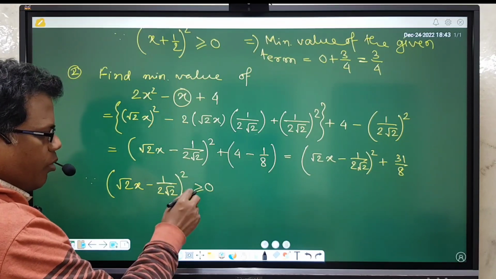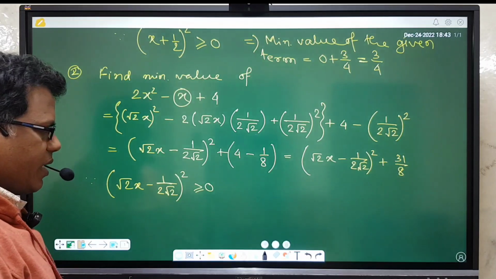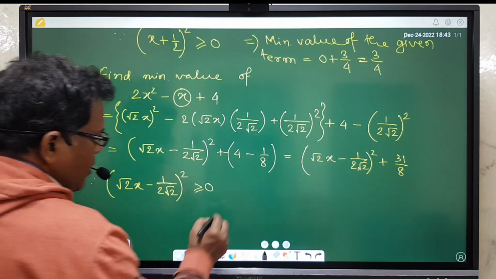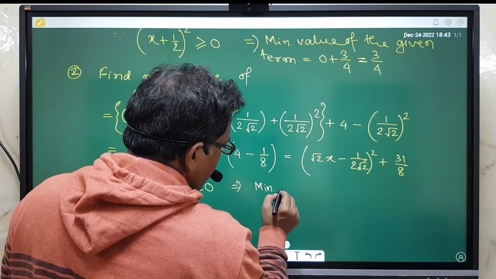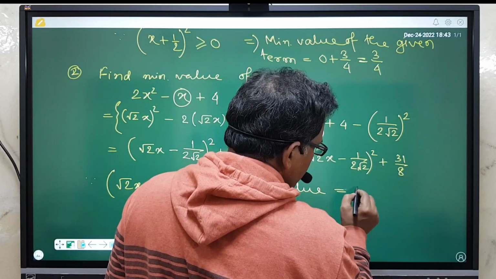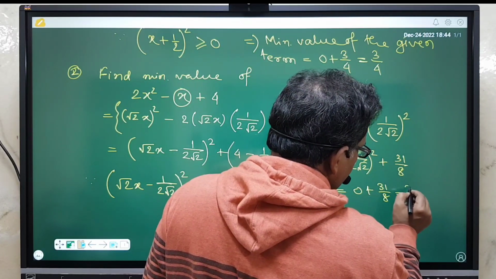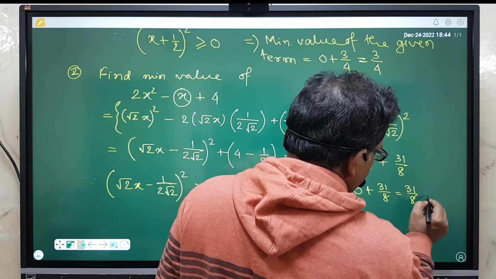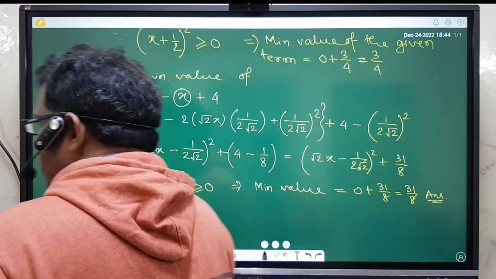So equal to 0 and positive are the possibilities, it can't be negative. So that's why the minimum value will be equal to 0 plus 31 by 8, that is 31 by 8 is the answer. Yes or no? Getting me?